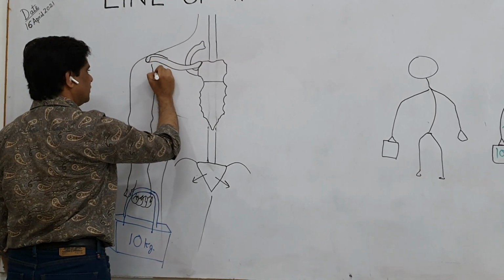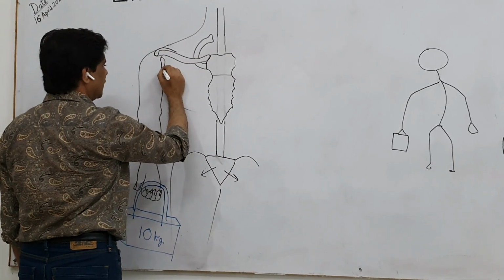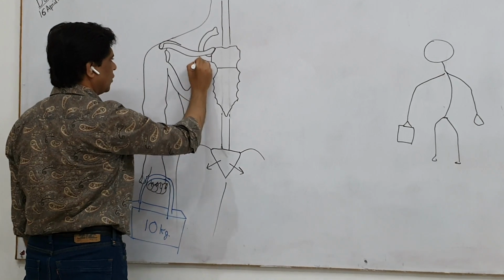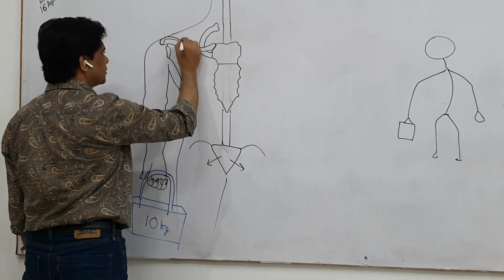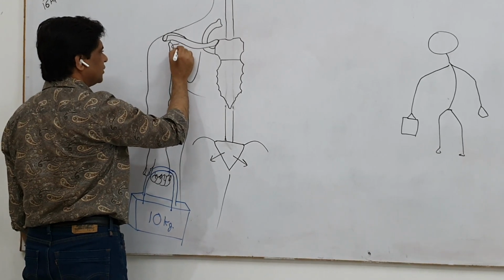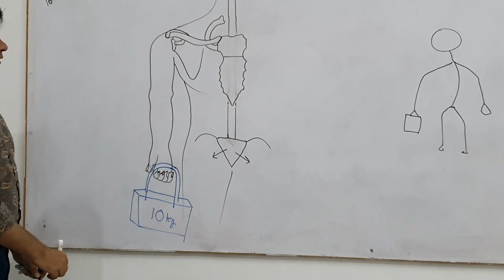And here you have the glenoid facet, and this, let's say, is the scapula. And here you have the coracoid process of the scapula.